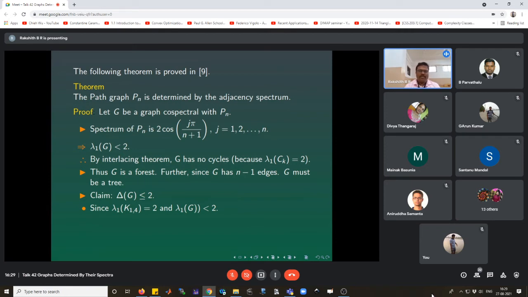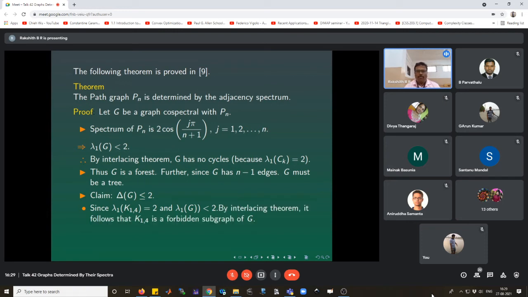Since the largest eigenvalue of K1,4, the star graph, is 2, and the largest eigenvalue of G is strictly less than 2, it is clear that K1,4 is not an induced subgraph of G.